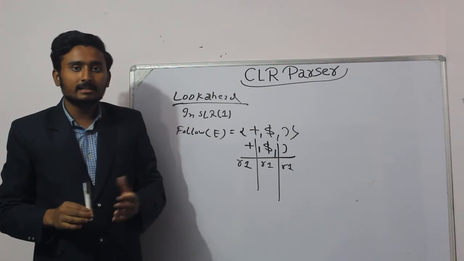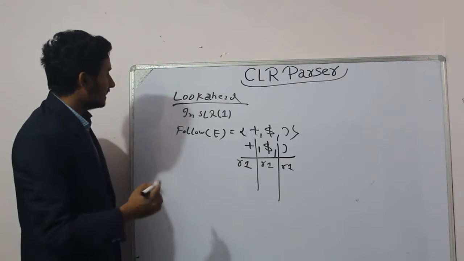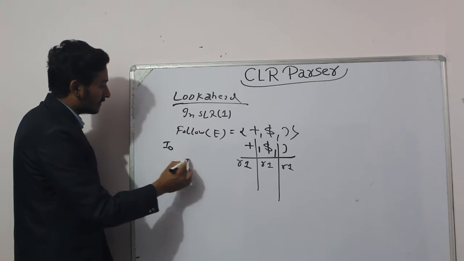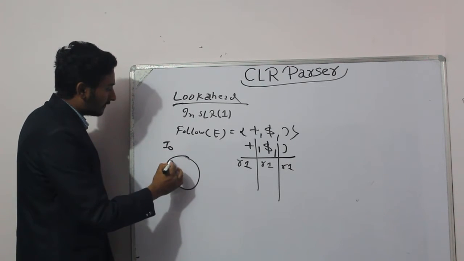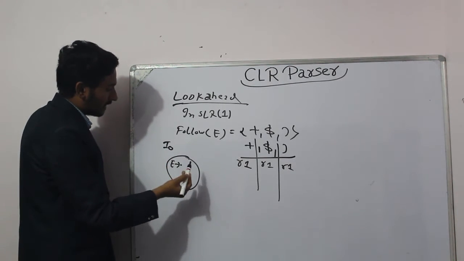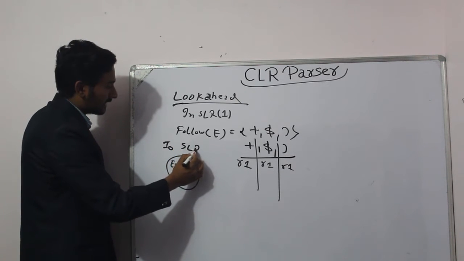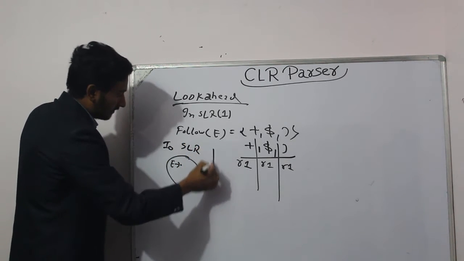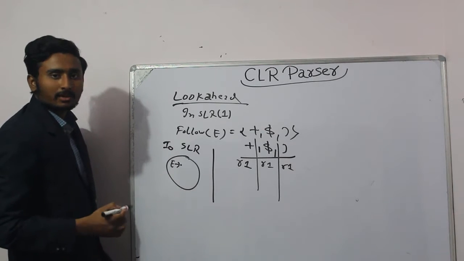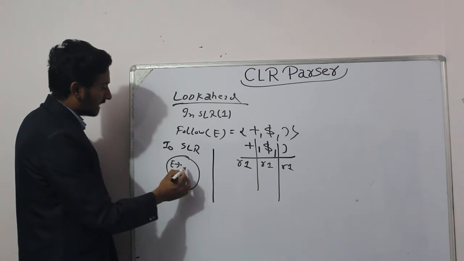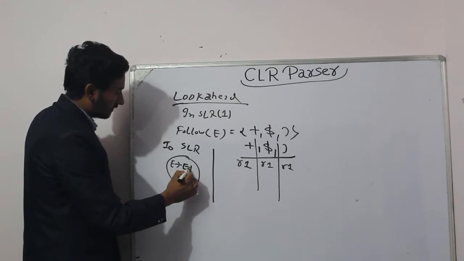Suppose we have a state I0 and a production. I am showing you diagrammatically, suppose we have a production E derives E plus T.